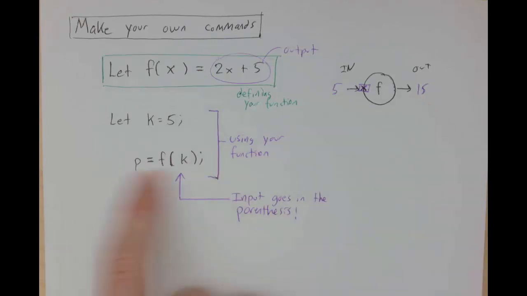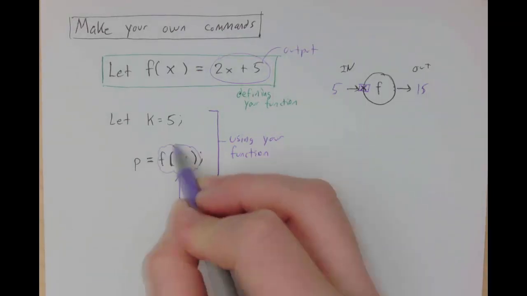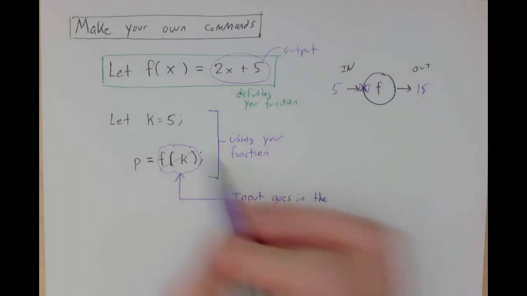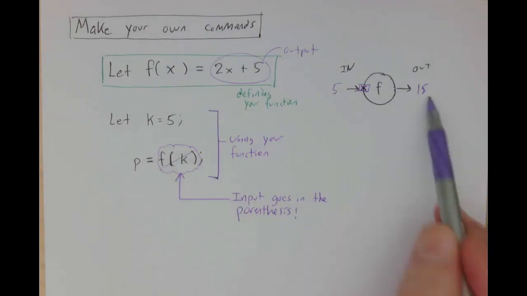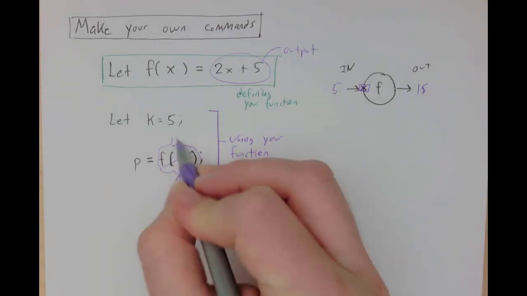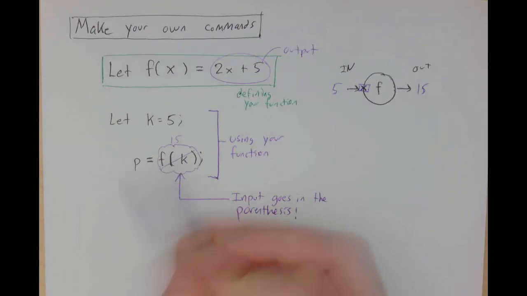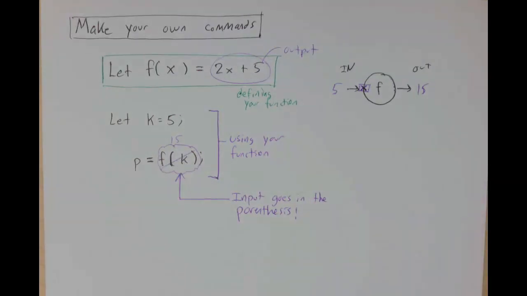Well, you've got to look at the context where we're using the command. Here, f is the command. And so you already know that this entire expression here gets replaced by its output. So this entire expression is equivalent to the output. So I could think about this whole thing as being the same as 15. And so this is really the same as saying p is equal to 15.